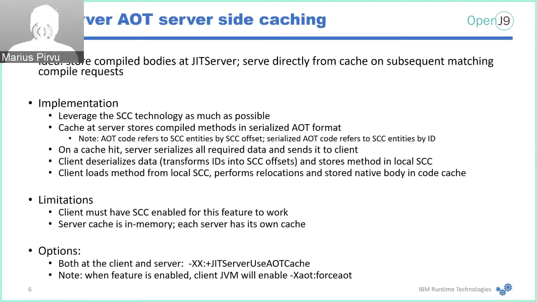In terms of options, this feature is not enabled by default, so if you want to enable it, you have to use the option JITServer use AOT cache. You have to use it both on the client and at the server. When the feature is enabled, the client JVM underneath the covers is going to use XAOT, ForceAOT, to take as much advantage of it as possible. Any questions before looking at some performance graphs?